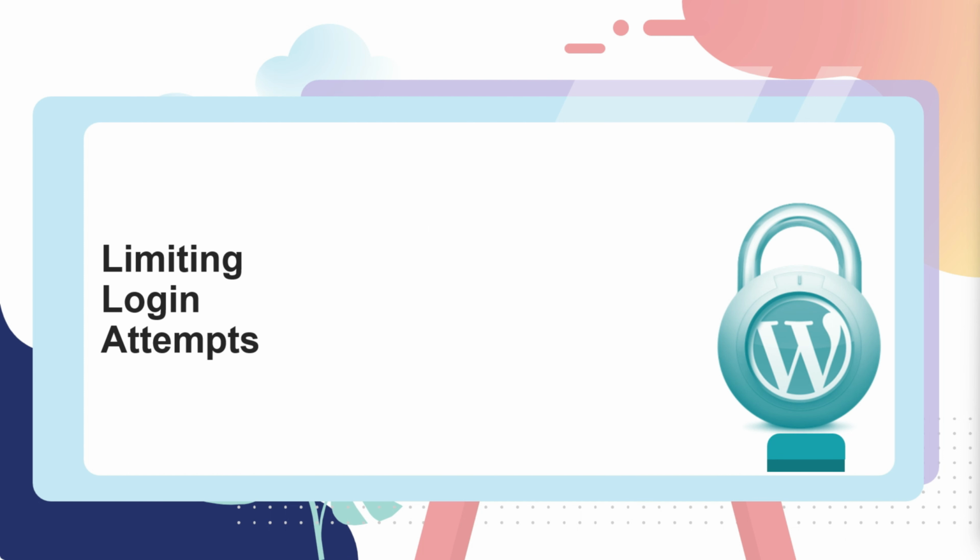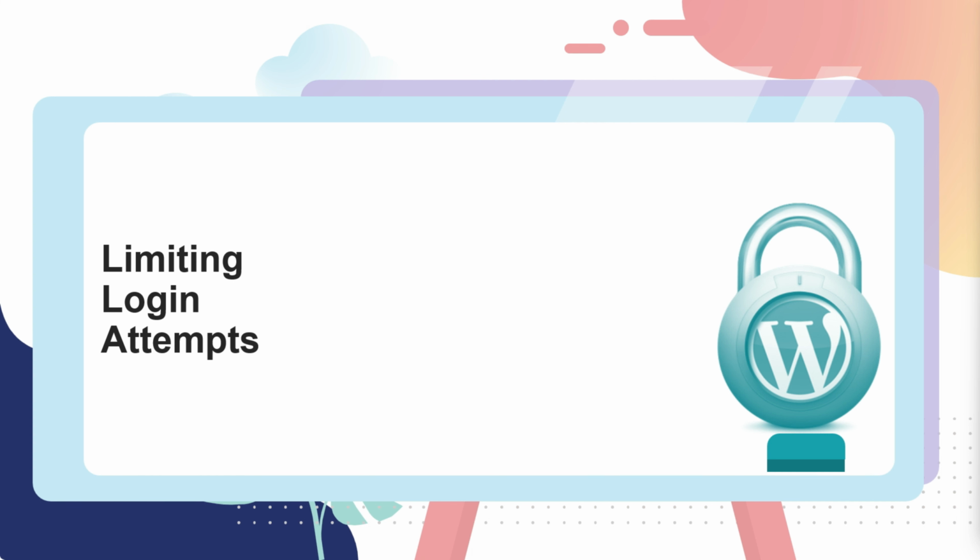The next one is limiting login attempts. Limiting login attempts is crucial for preventing brute force attacks. Use a plugin like Limit Login Attempts Reloaded to set a maximum number of login attempts before locking out the user temporarily, and this discourages attackers from trying multiple password combinations.